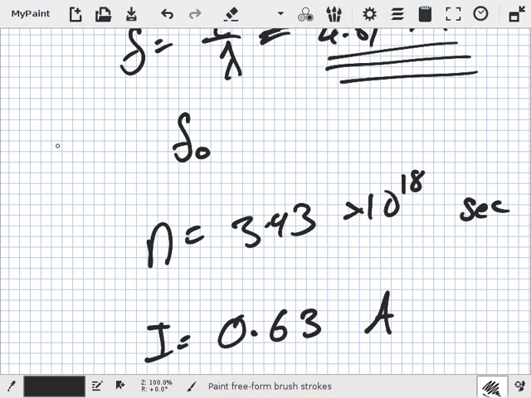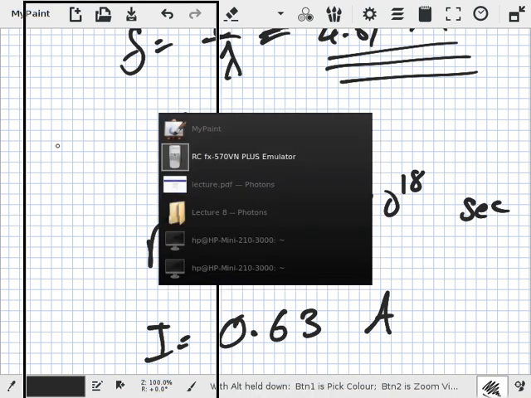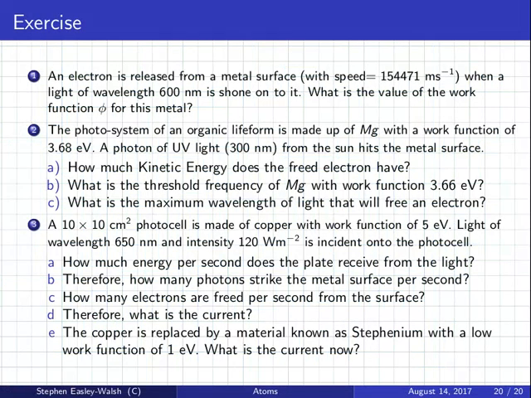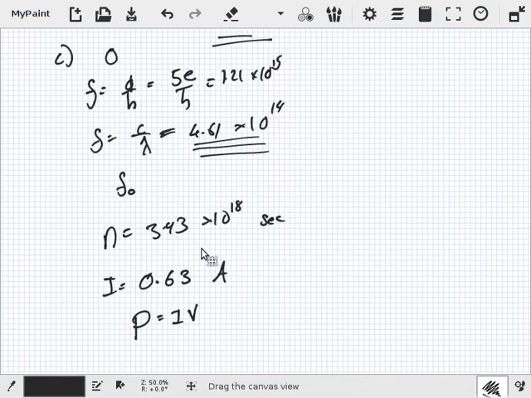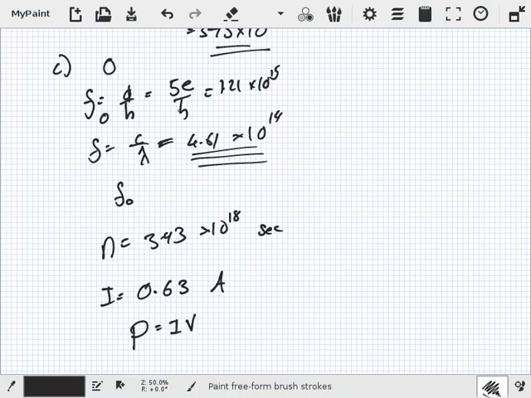Could you please go back to the question? Oh, and for C, there's no workings really. I just concluded that because the threshold frequency is this, and the frequency of the light that's on it is less than the threshold, it can't free any electrons.